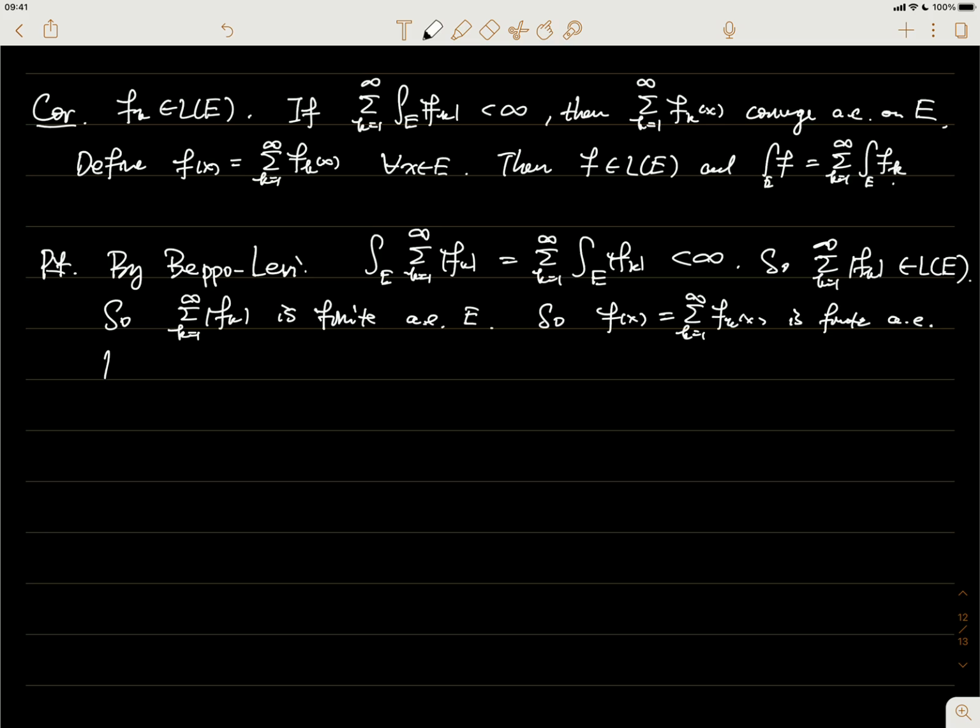So let g_k be defined as the partial sum of f.